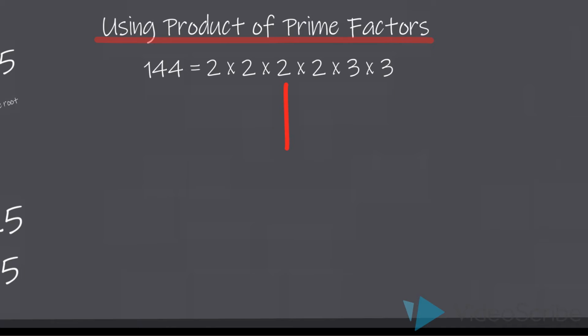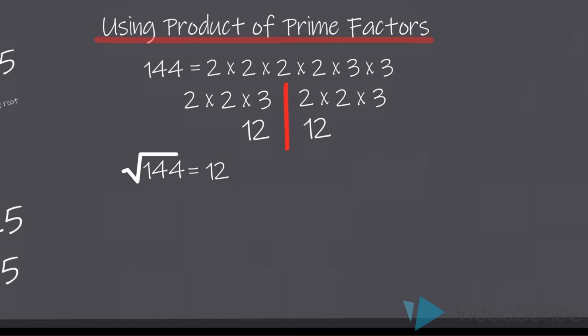Right now I have 4 2's and 2 3's. If we split these into two groups, I would have 2 2's and 1 3 in each group. 2 times 2 times 3, or 12, is the answer to the square root of 144.